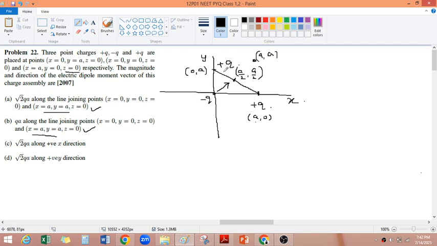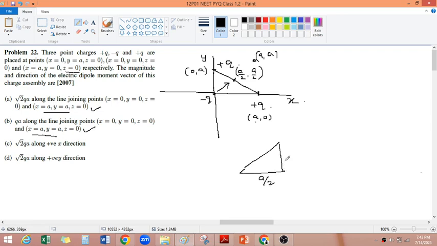But how to find the magnitude here? So magnitude will be q and q, so it's going to be q here.